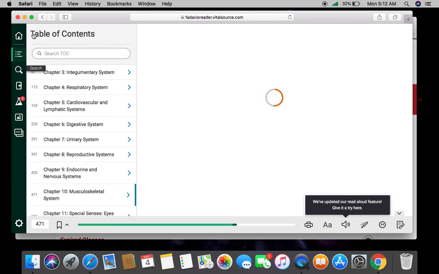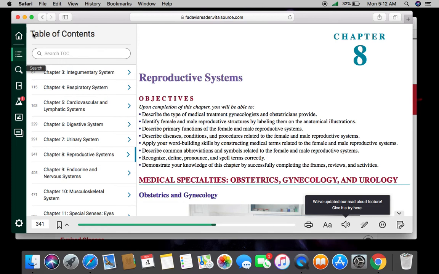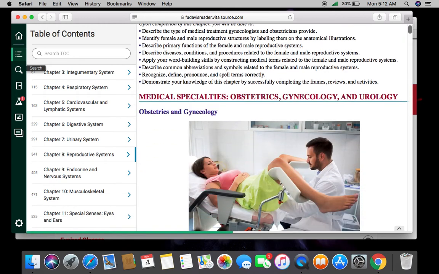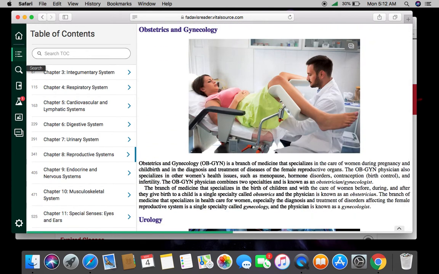So obstetrics is for any female who's pregnant or wants to get pregnant, and gynecology is for any female issues, right? And anything regarding female, and that's including urinary tract.